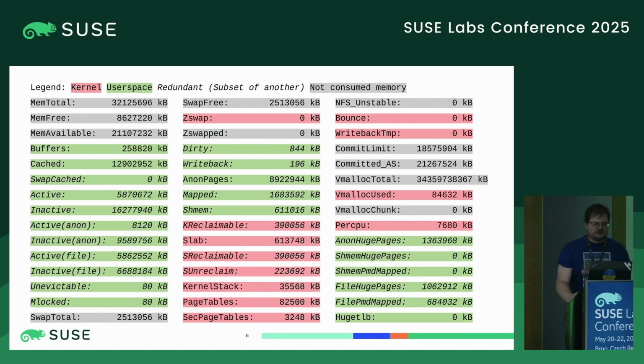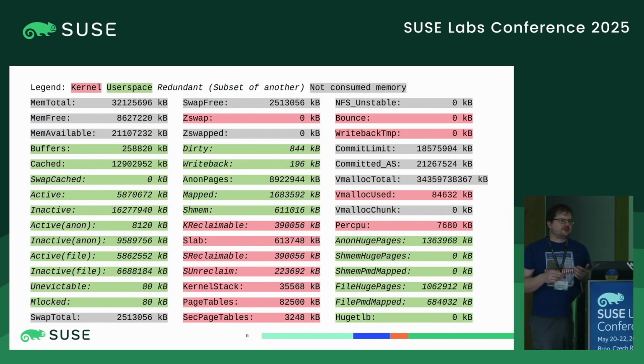The next view we can take on these remaining counters is to try to divide them into counters that measure memory that's directly used by user space, that's the green ones, and memory that's used by the kernel itself, although it might also be on behalf of user space.